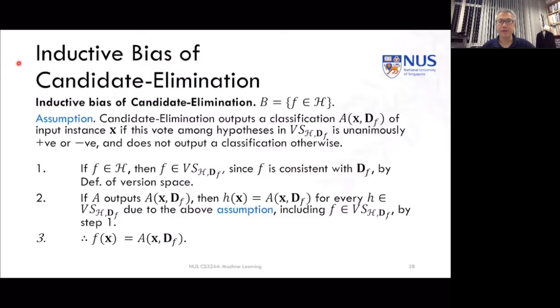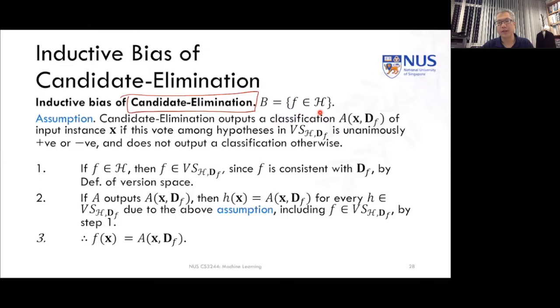So with this definition of inductive bias as the set of assumptions B that we need, we can understand the inductive bias of several different algorithms. So let's take a look at the candidate elimination algorithm. We're going to show that the assumption it makes is basically that the target function must be inside of the hypothesis set, right?